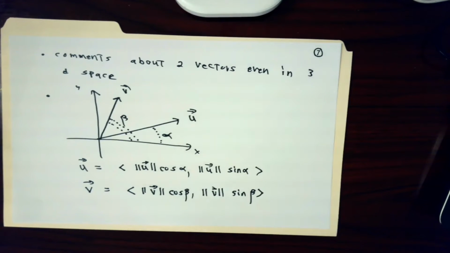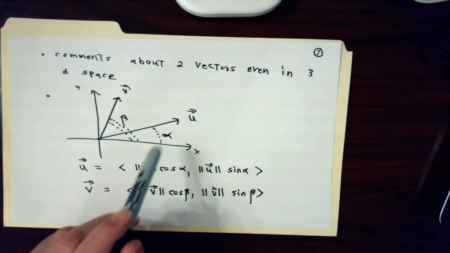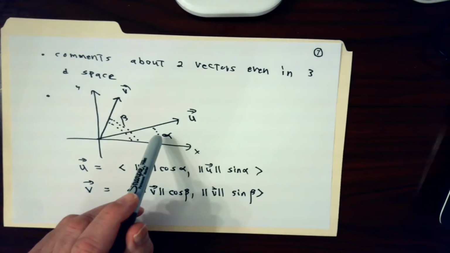If you'll go back and look at the polar form for the vectors that we talked about, vector u can be thought of as the length of u times the cosine-sine vector that goes with the u vector. I'll call the angle that u makes with the positive x-axis alpha.